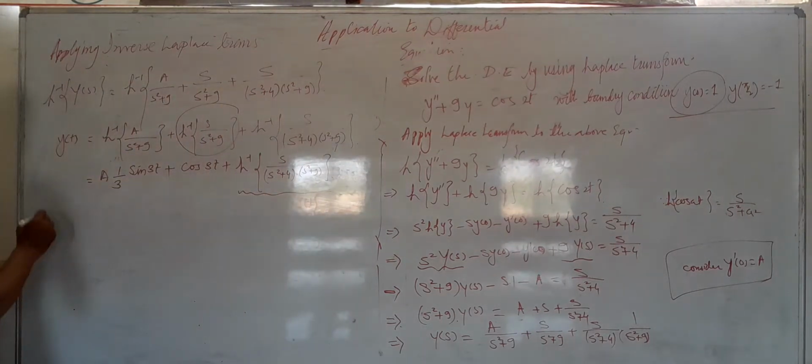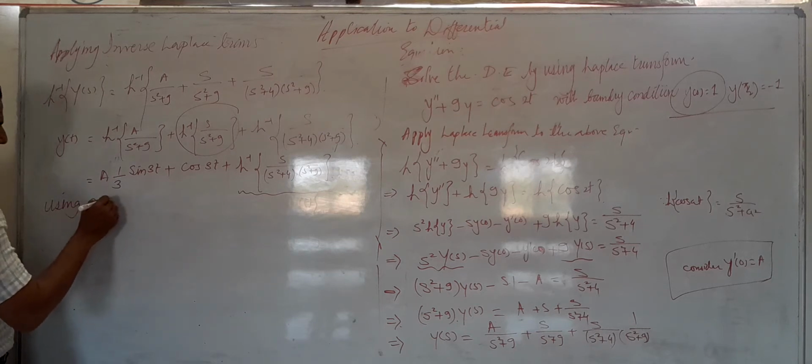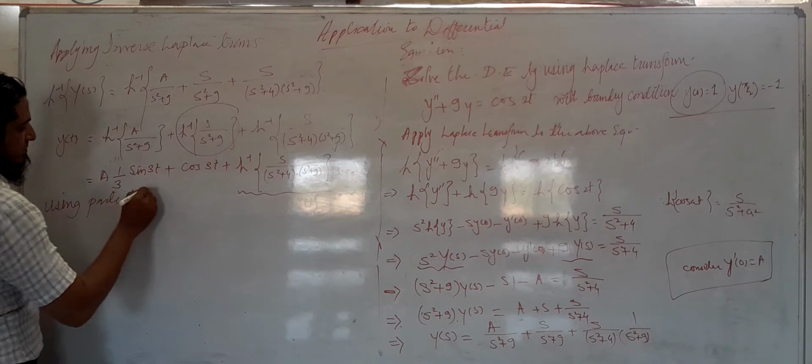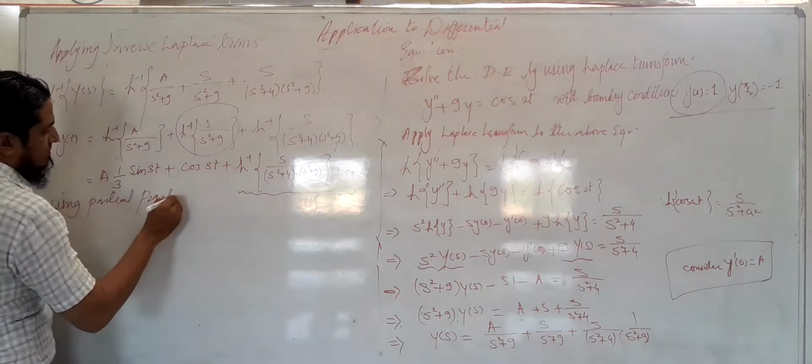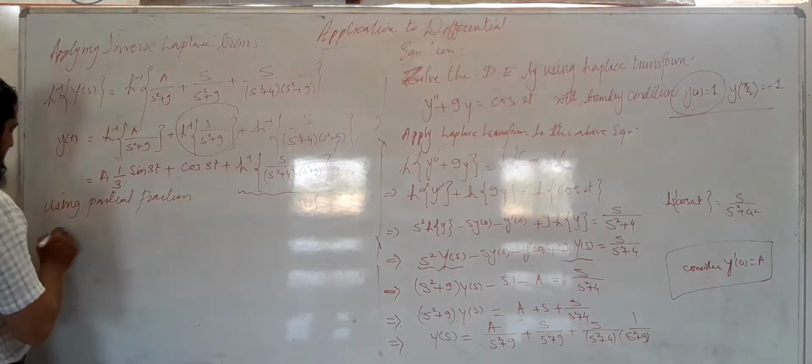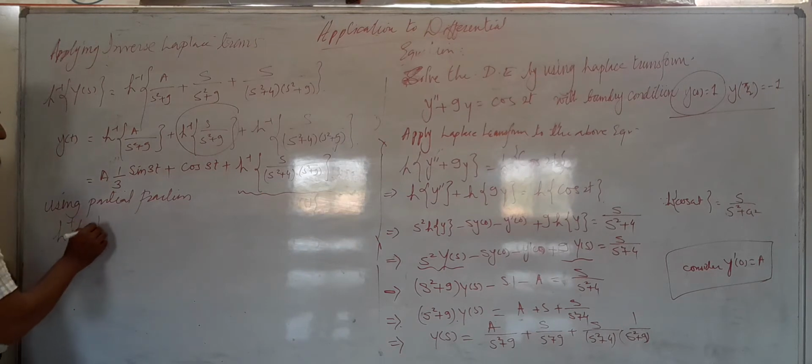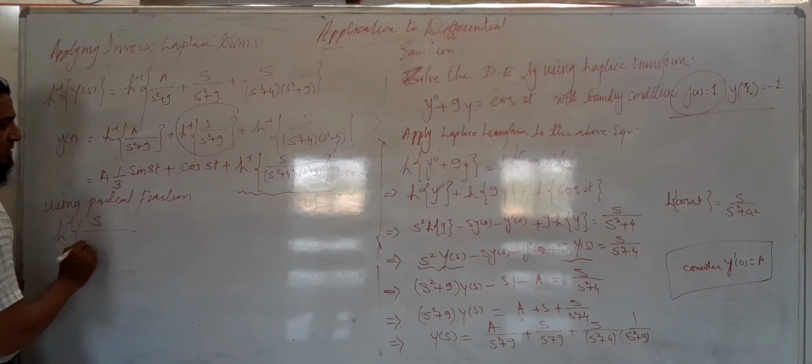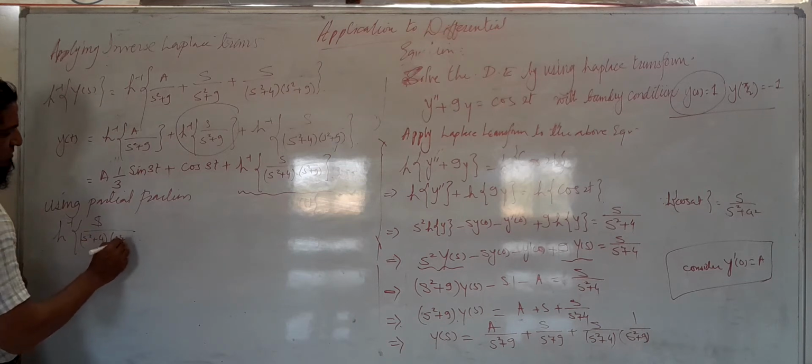So by using partial fraction, we can solve this expression s upon (s square plus 4)(s square plus 9).